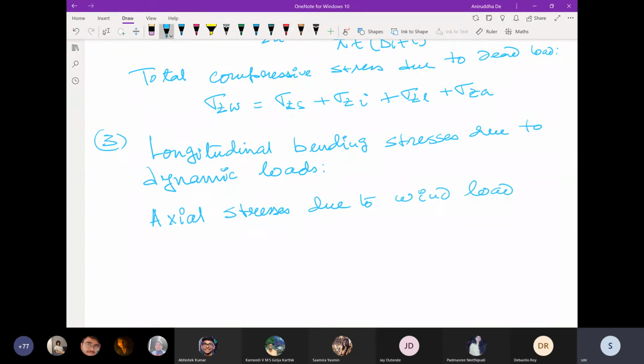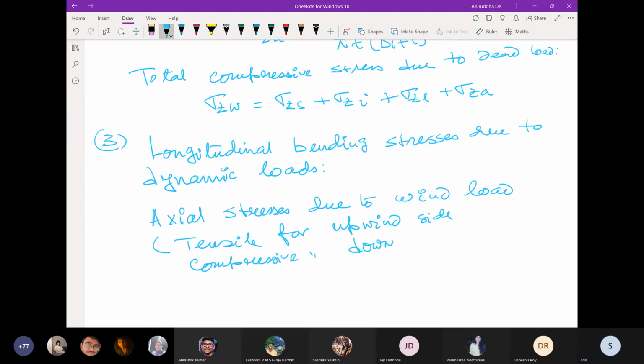This wind load is again tensile for the upwind side and compressive for the downwind side. So if the wind is blowing from the north to south, the north facing side of the vessel will be facing a tensile stress, and the south facing side of the vessel will be experiencing a compressive stress. Okay, so this is tensile for upwind side, and compressive for downwind side.